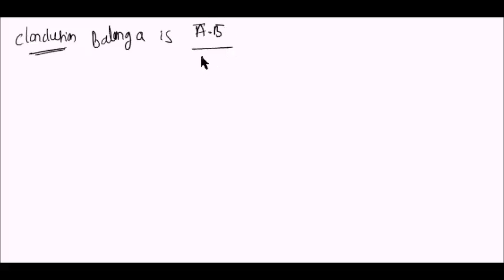So now what are the conclusions from this? The conclusions are: the component of a vector B along A is A bar dot B bar by A bar dot A bar, times A bar, because the first part is a scalar and this is a vector.